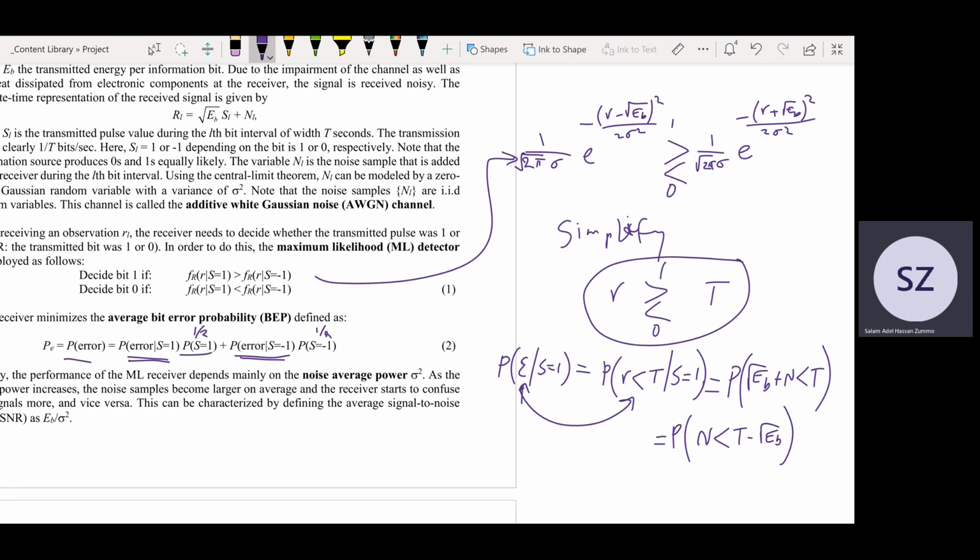Use the condition in R. R will depend on what S is. So given S equal 1, R equals square root of EB plus N. That's it. For this, you will use the Q function. So in order to do this, you need to find what T is and continue.